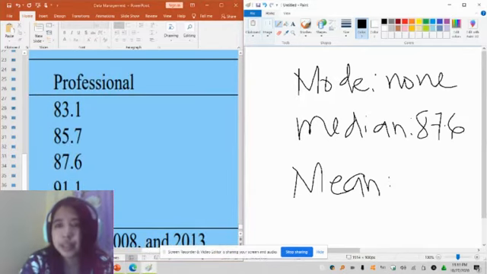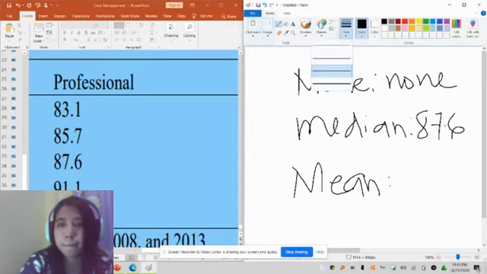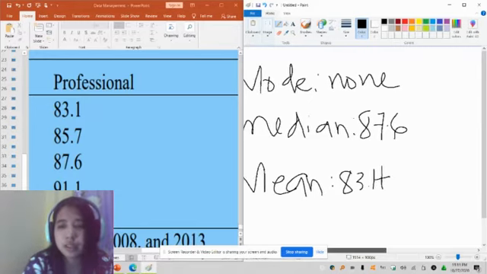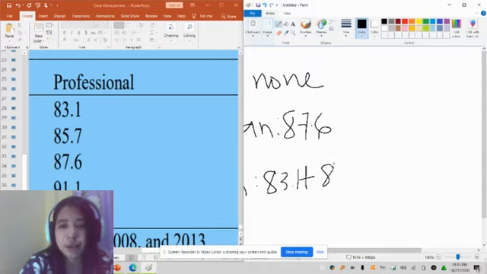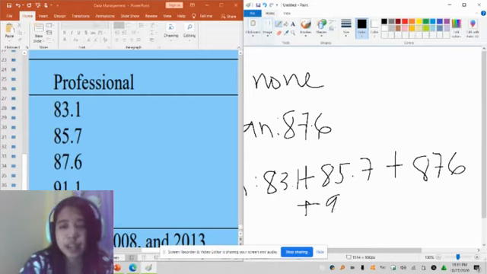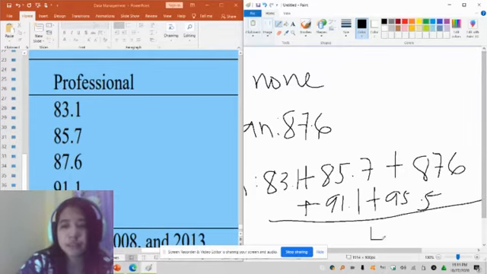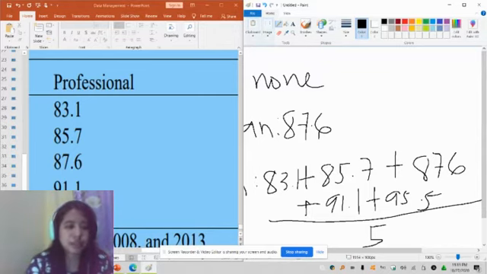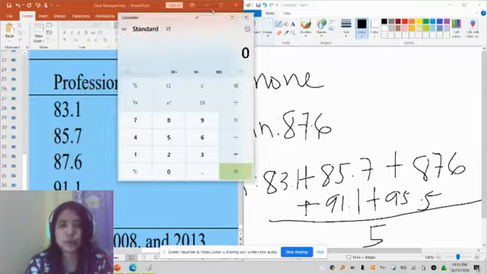You will add 83.1 plus 85.7 plus 87.6 plus 91.1 plus 95.5, and the result will be divided by 5. So let us use our calculator to compute for that.